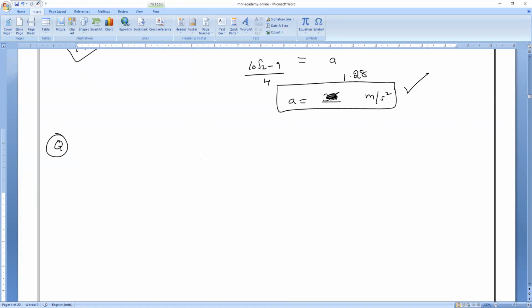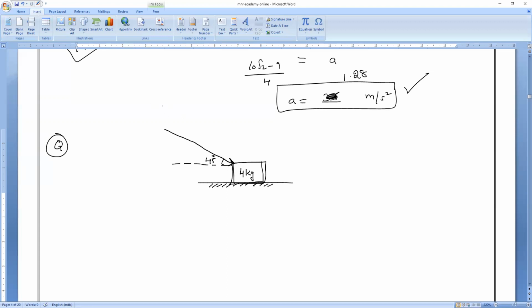So now the next question is again, let me take the same 4 kg body. Now the force is applied with an angle. Observe very carefully, with angle 45 degrees.